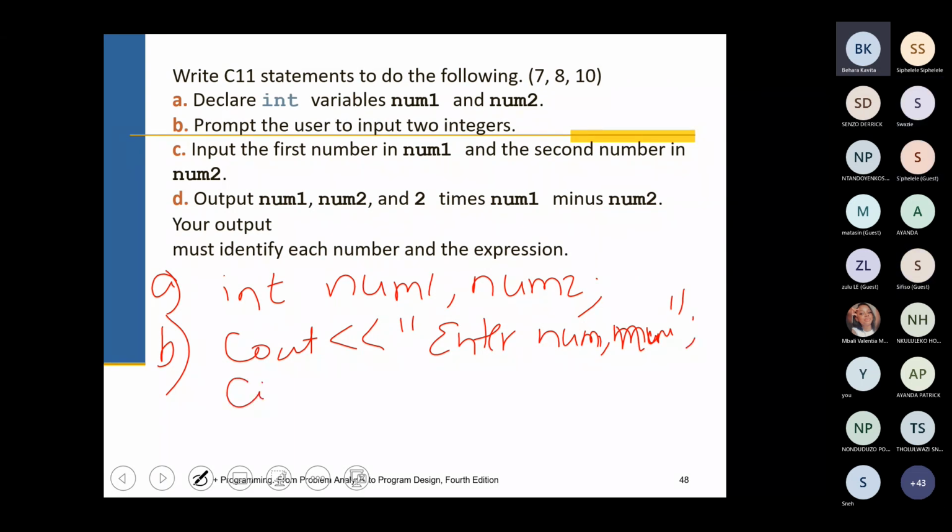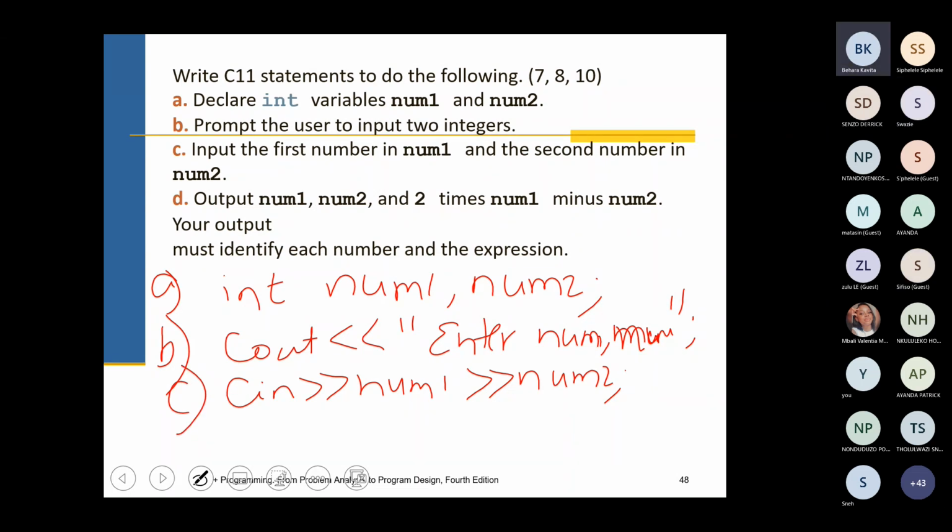Within that again, cin num1 and num2. Semicolon. Then input the first number in num1 and second number in num2, right? So this is your cin.